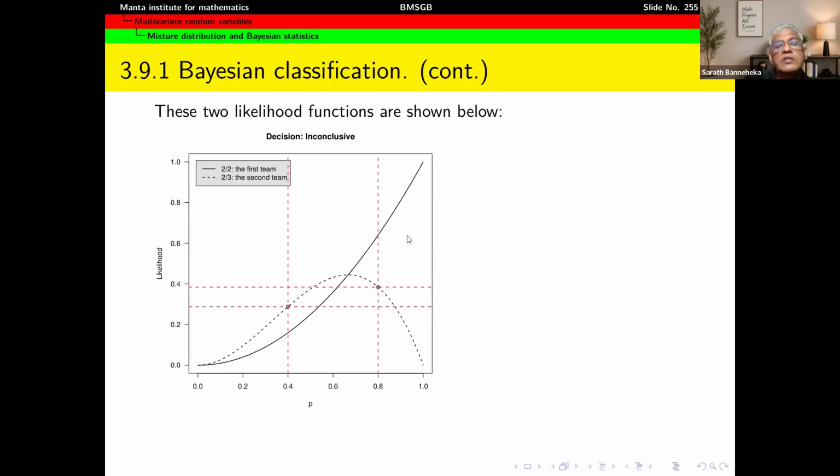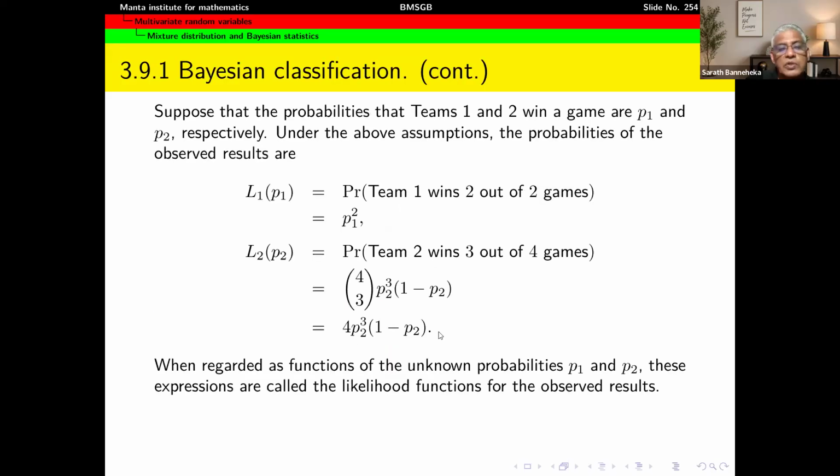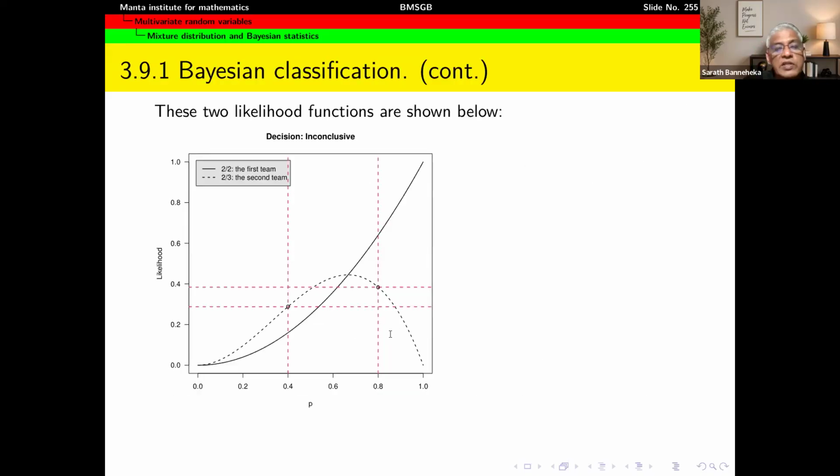Assuming that these are the correct graphs, we can look at them. Where does the maximum occur? The maximum of the likelihood occurs here when P is equal to 1, so my estimate for P1 will be 1, of course, because they have won both of two games.